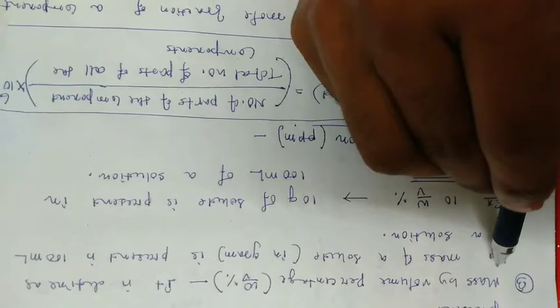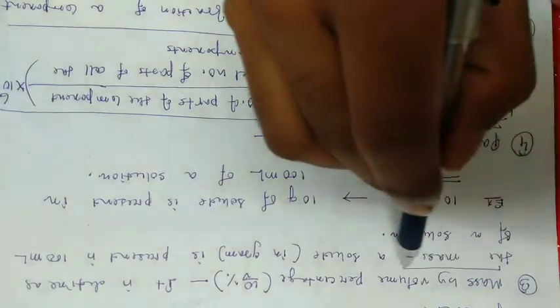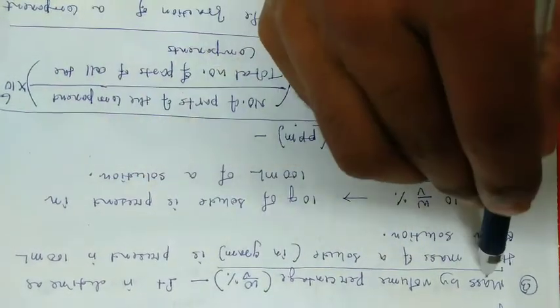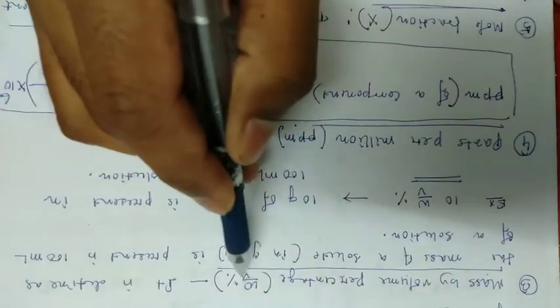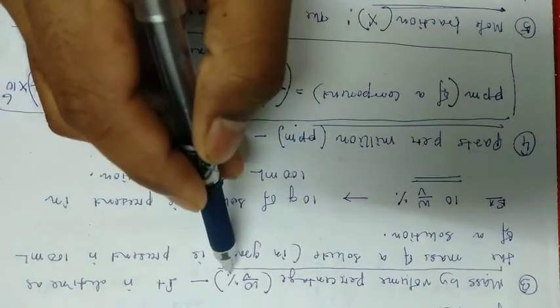One more concentration unit to measure the concentration of a solution is mass by volume percentage, denoted by the symbol of W by V percent.